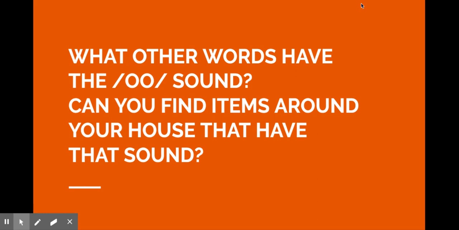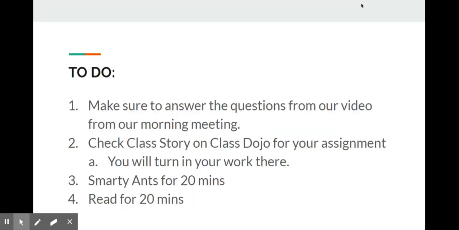Everyone probably has a broom in their house. And this is the example, so please don't use this one. That word has the oo sound, and that is an item that is probably around everyone's houses. So I want to challenge you to go on a little scavenger hunt around your house and see if you can find an item with the oo sound in its name.